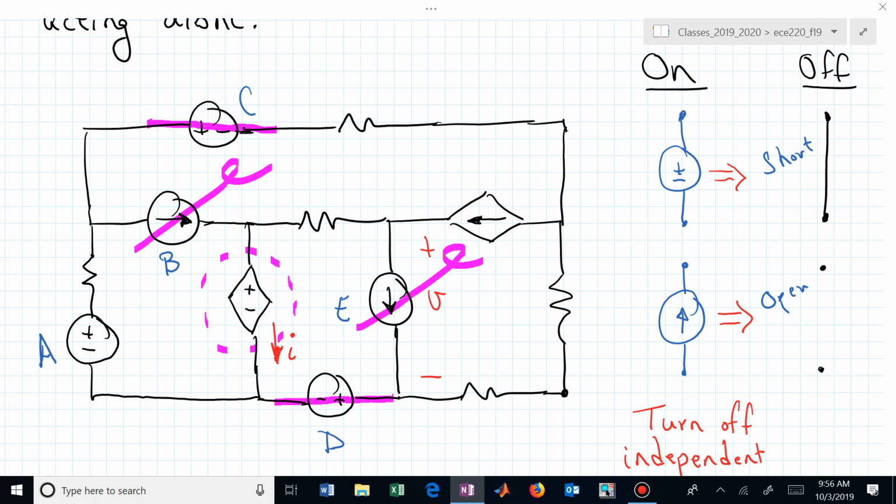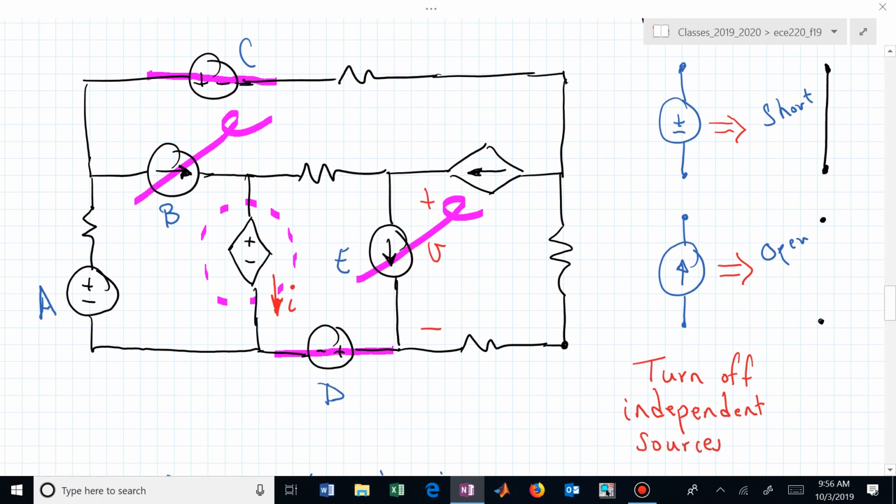Question. So I think the question was, if there was a resistor here in this branch, what would happen? What would happen if you now had a resistor in that branch with the current source E, and you're now deactivating E?